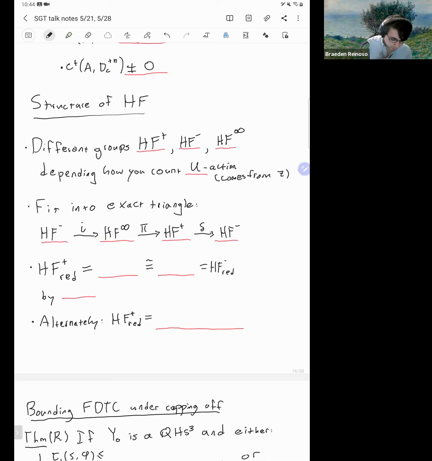And so this should be the kernel of pi, which is the co-kernel of I, which is the other guy here. So kernel of pi, which is the co-kernel of this inclusion map. And those are naturally isomorphic by this connecting homomorphism.